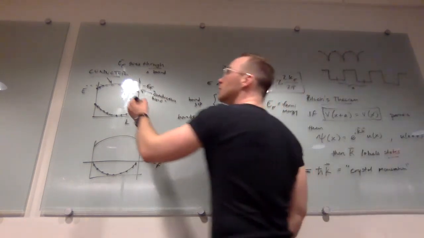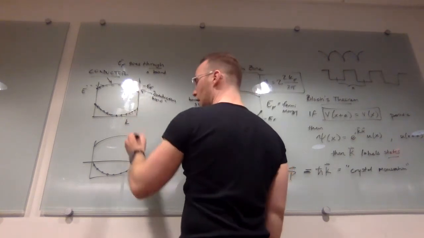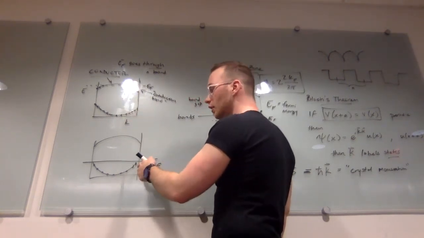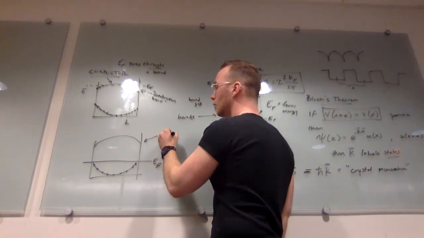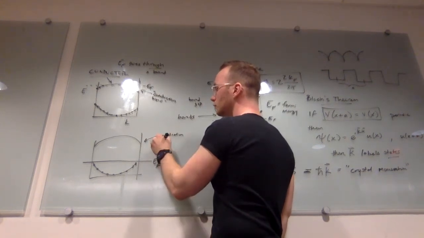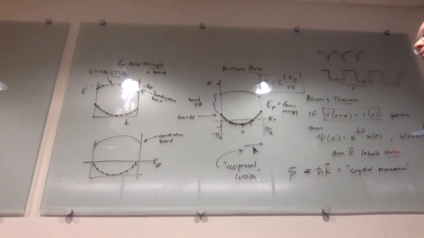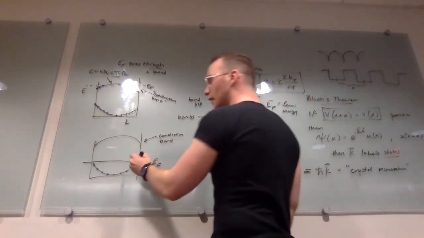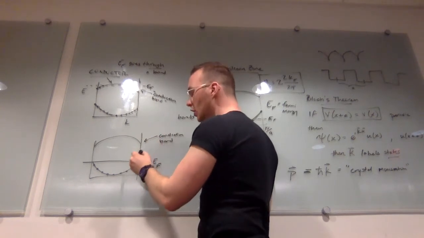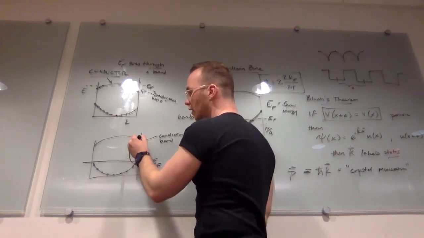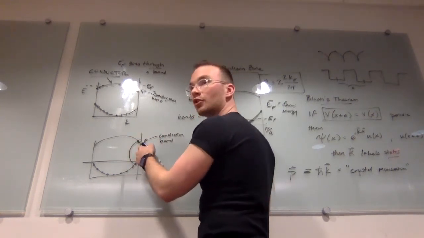Now, what does this mean? To excite an electron, so this is now the conduction band, because it's the one where there are mostly free things. To get an electron into the conduction band, you have to give it that much energy.